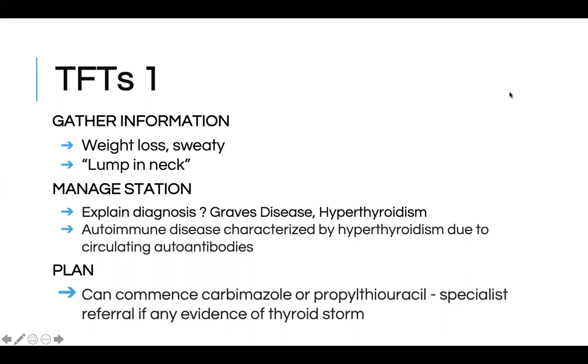She's not got any features of thyroid storm, and you want to explain that it's a common autoimmune disease, which is characterized by hyperthyroidism due to antibodies. And in GP, you can commence treatment, but it's important that there will be follow-up with the specialist if, for example, her bloods or her clinical picture is getting worse.